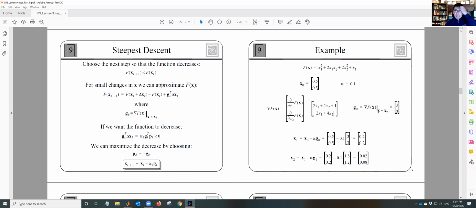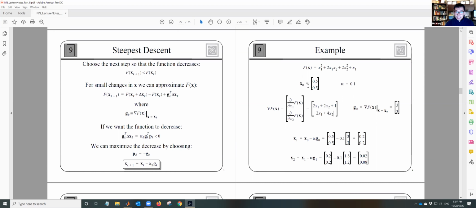Now let's have a look at an example. This is our quadratic function, the same quadratic function. Let's choose the location to be 0.5, 0.5, and let's suppose alpha equals 0.1. Then we get the gradient, which equals 3, 3.